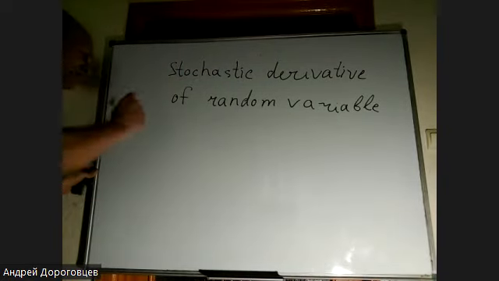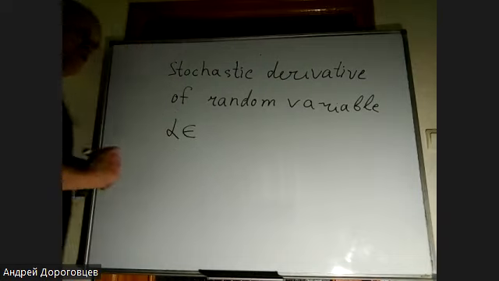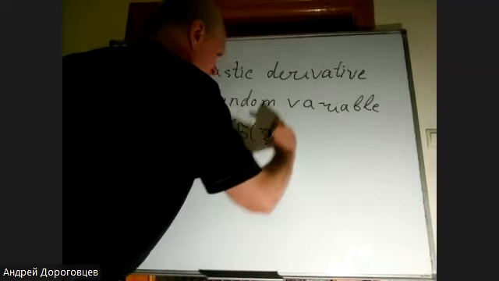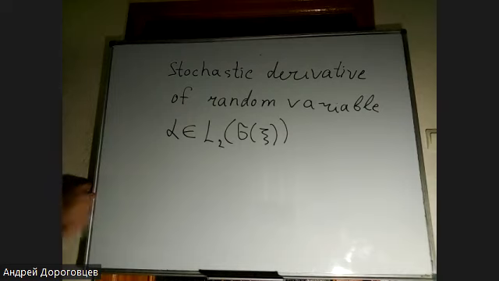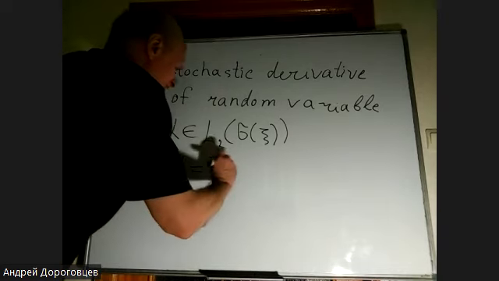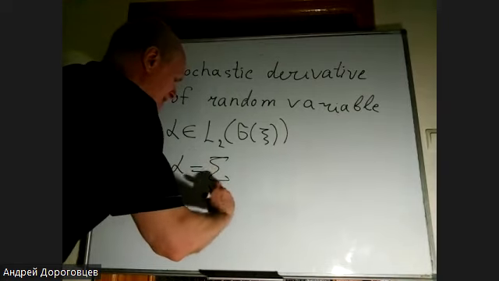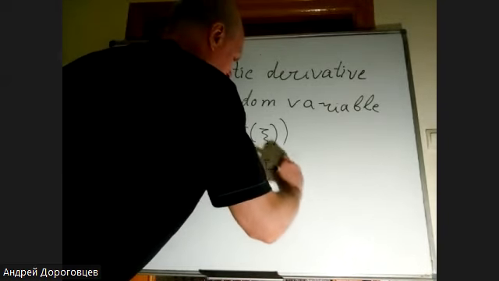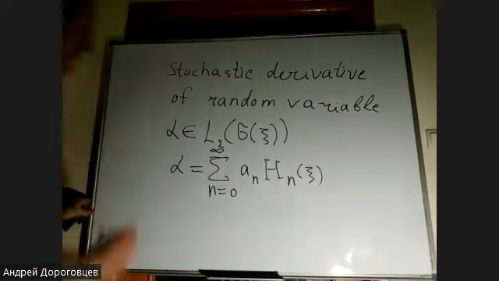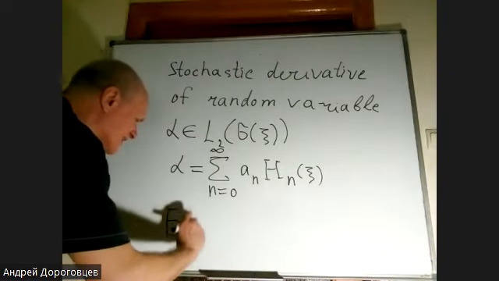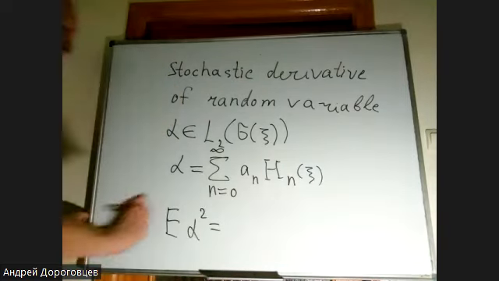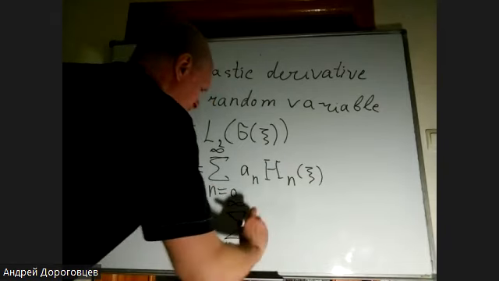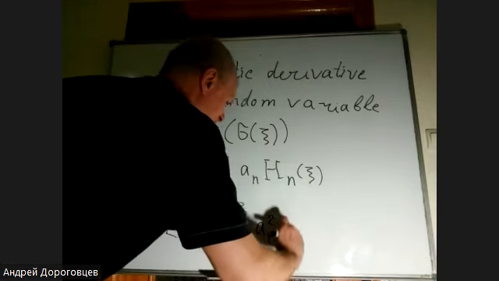Let me recall that if we have alpha which belongs to L2 and is measurable with respect to our standard Gaussian random variable psi, then alpha can be uniquely expanded into the series a_n H_n of psi, and we have the following expression: the expectation of alpha squared is equal to the sum from n equals 0 to infinity of a_n squared times n factorial.